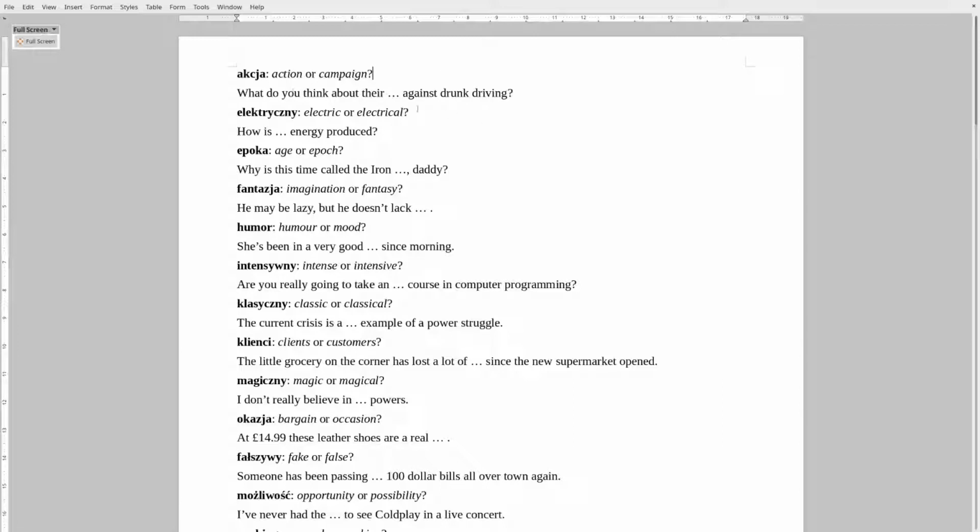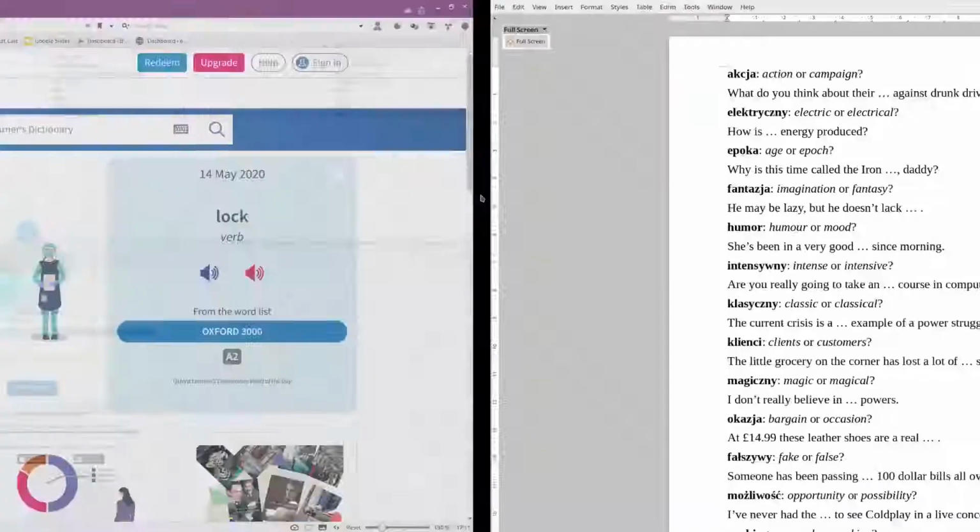And of course that can easily be checked in a dictionary. Elektryczny, electric or electrical? How is electrical energy produced? Right? So of course we might just know, but if we don't, how do we decide?